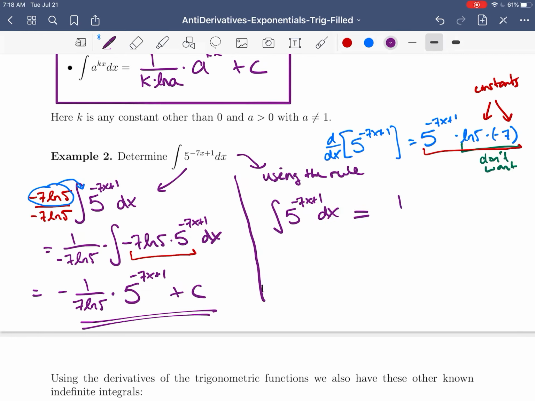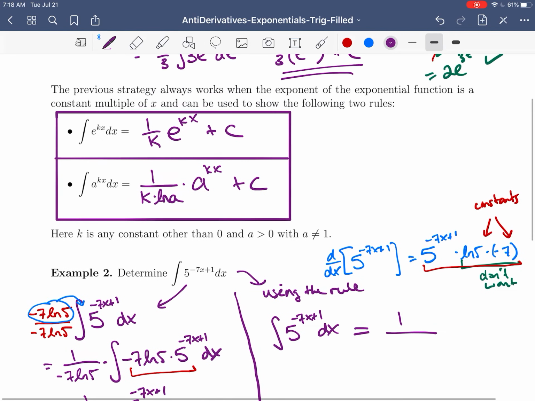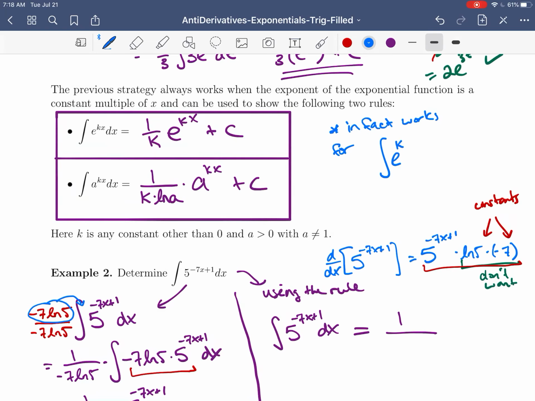So k, in fact, maybe I should have said up here, this works for the integral of, let's say, e to the kx plus m dx, where k and m are constants. It doesn't actually change.